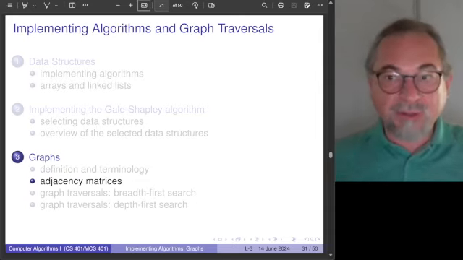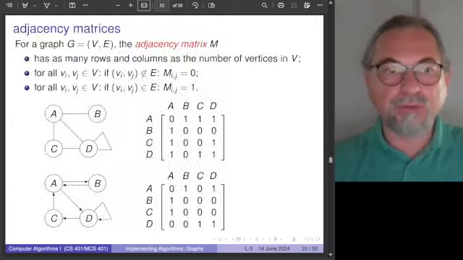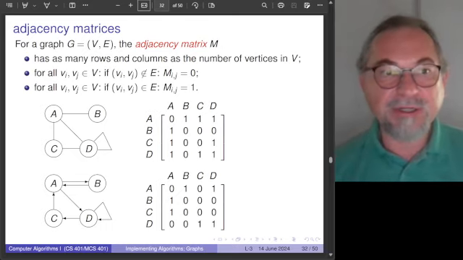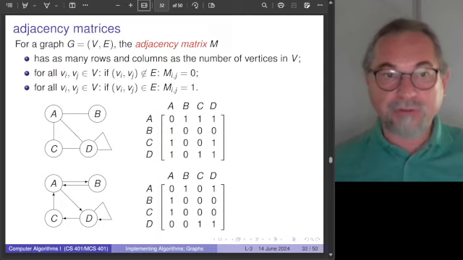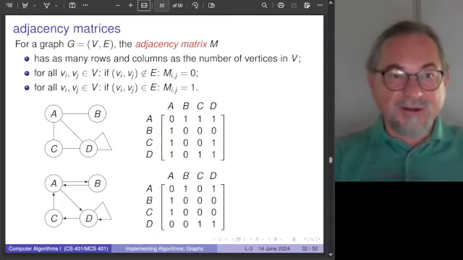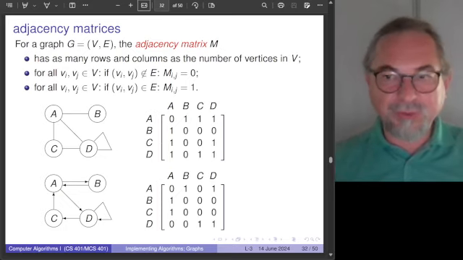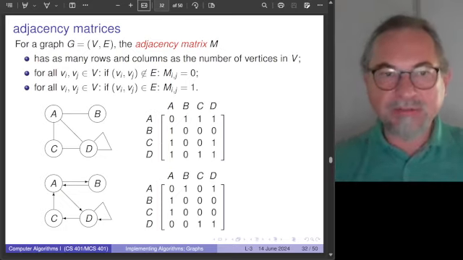That is, if you like, an alternative way to store graphs in a computer, via adjacency matrices. An adjacency matrix is a square matrix of dimension the number of vertices, with as many rows and as many columns as we have vertices. Here the vertices are called Vi, Vj, but you can actually identify them by the unique integers 1 up to n, where the indices indicate the rows and the columns.